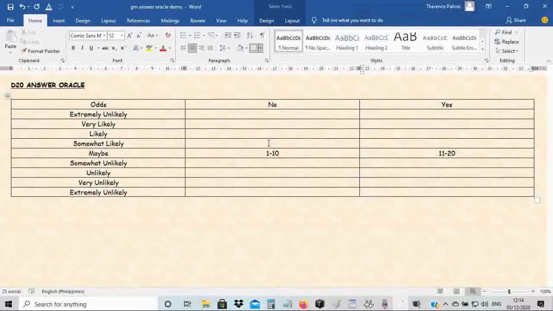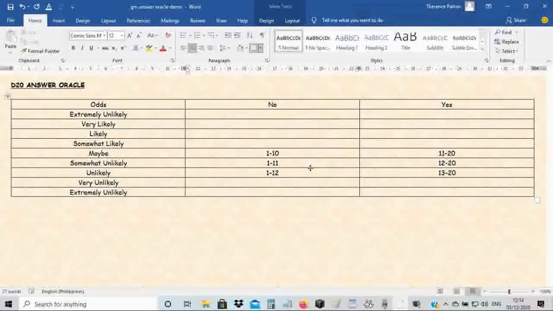Now let's count down from below. Somewhat unlikely will be 1 to 11, and yes will be 12 to 20. It's just a slight difference, right? Now unlikely will be 1 to 12, and yes will be 13 to 20.